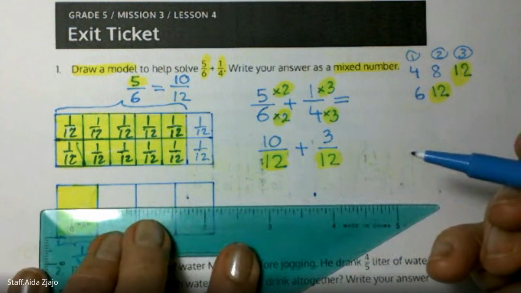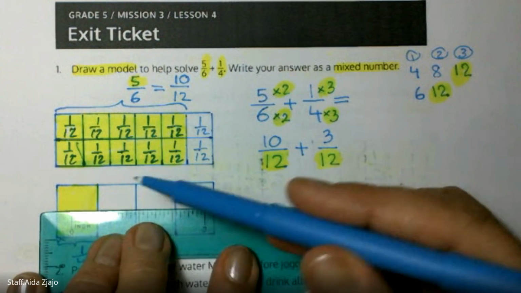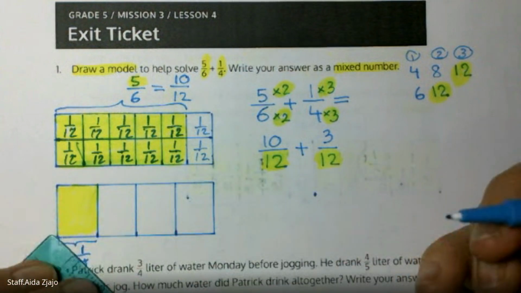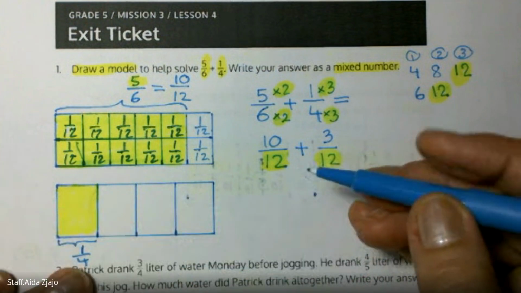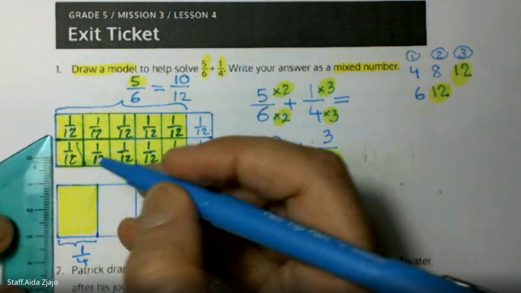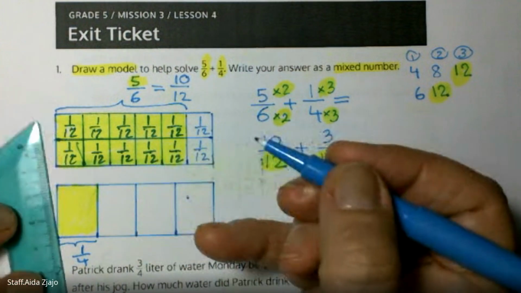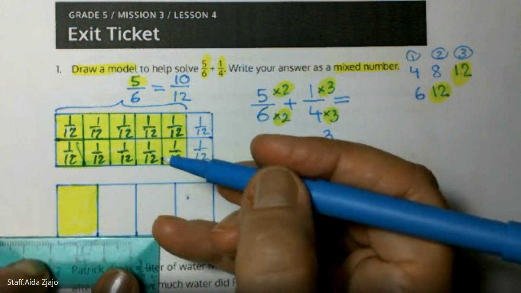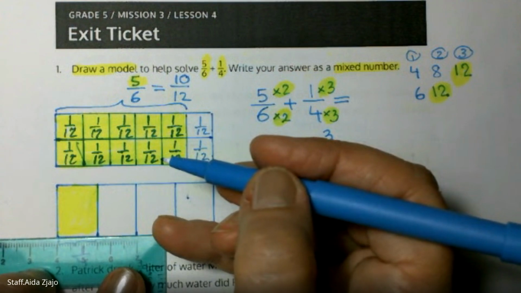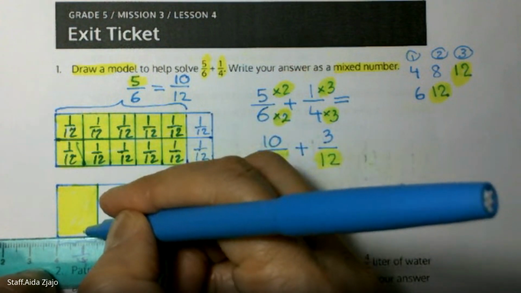I'm thinking that doing once, that's 2, one more, that's 2. Okay, I'm going to do horizontally like this. 1, 2, 3. Okay, or maybe I can do vertically. I don't think I'm going to do vertically like this.